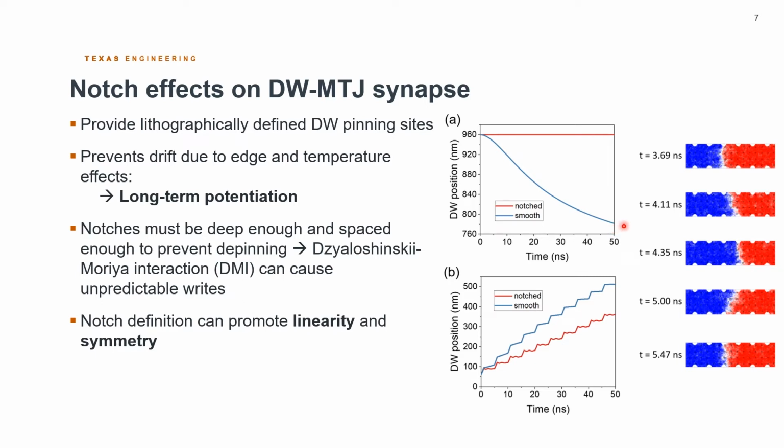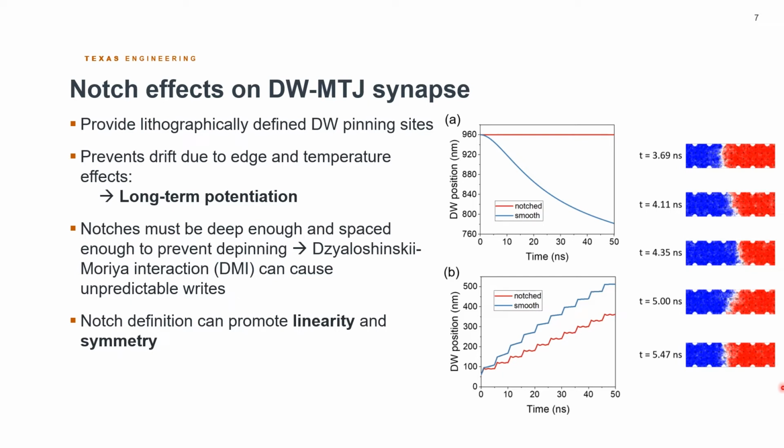These notches must also be deep enough and spaced enough to prevent depinning. For example, DMI can cause unpredictable writes due to domain wall tilting, as seen here, where the domain wall tilts in and out of different notch positions, and as a result, this is unpredictable. And we want more reliability on that front.